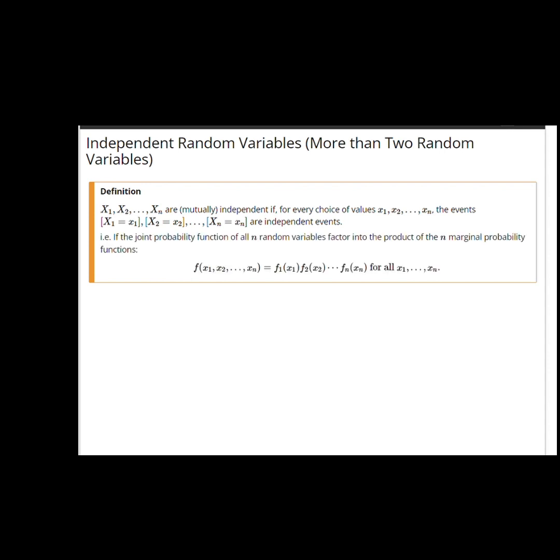This means that their joint probability function will factor into the product of the individual marginal probability functions, f1 of x1 times f2 of x2 times fn of xn. And indeed, this in turn means that if you were to give me the marginal probability functions, I could determine the joint probability function, little f.